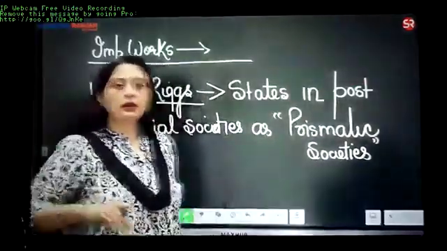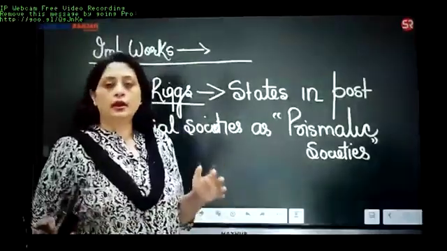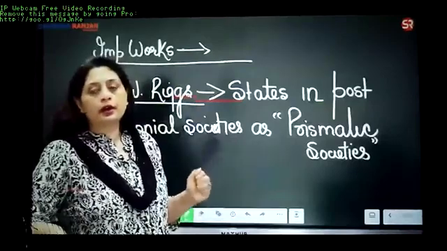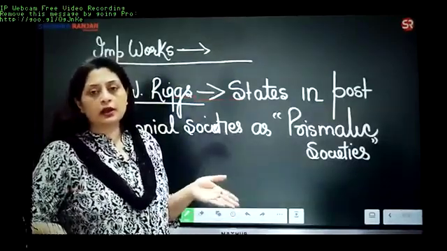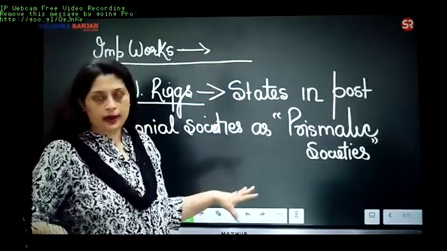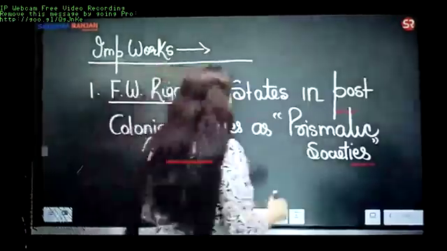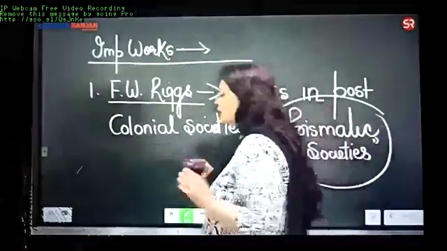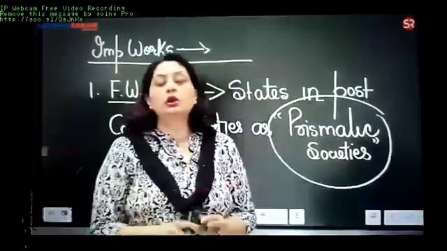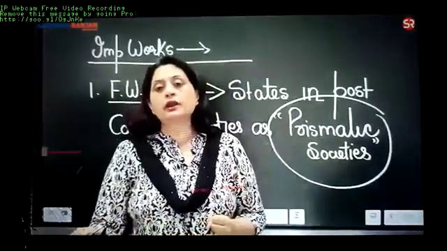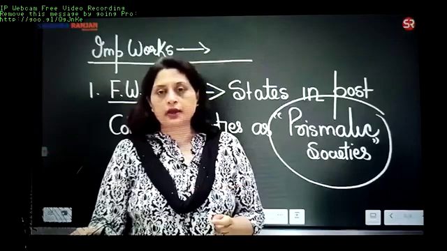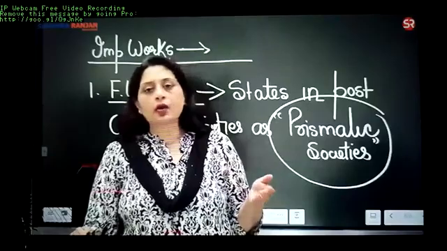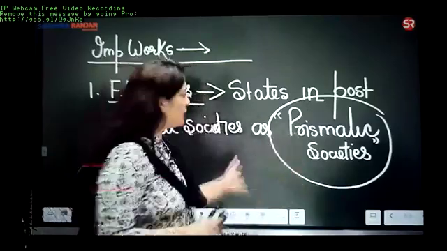Fine. So Riggs has used the political development approach and called these societies prismatic societies. Instead of calling them state, because they do not fulfill all the features of the state as found in the Western countries, these scholars prefer to use the term societies, and they called these prismatic societies.